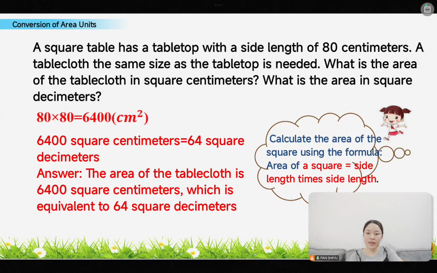80 multiplied by 80 equals 6,400 square centimeters. And 6,400 square centimeters equals 64 square decimeters. So the answer is 6,400 square centimeters, 64 square decimeters.